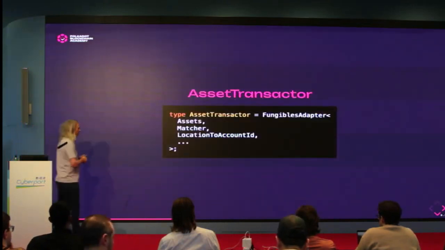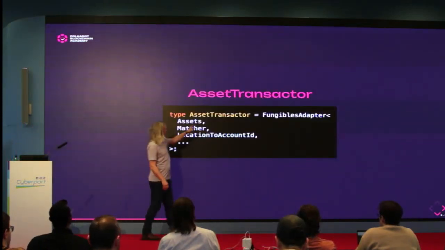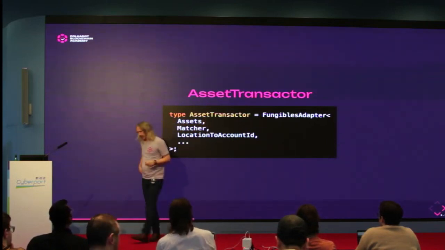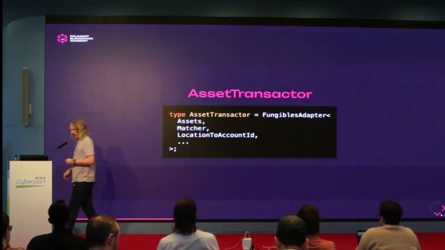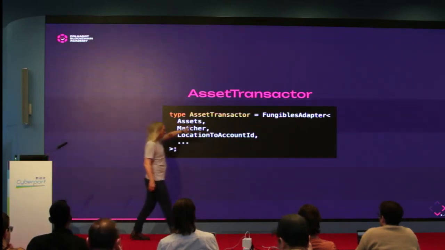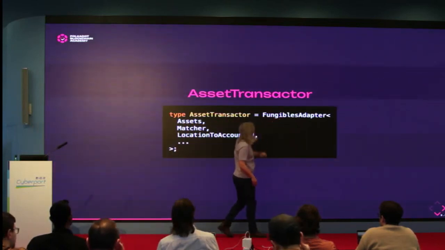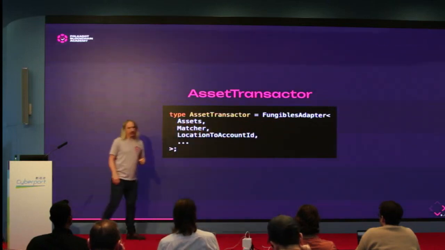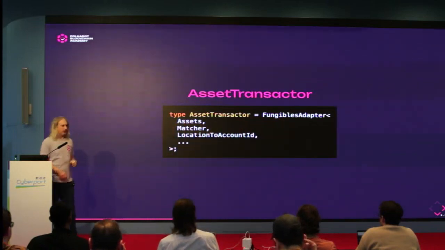The first thing that we're going to do is this little magic type, the asset transactor. What a fungibles adapter is allowed to do, as you might guess from its name, is that it's an adapter, right?